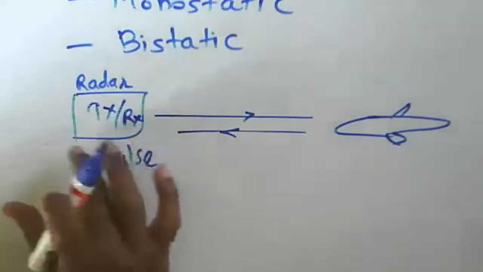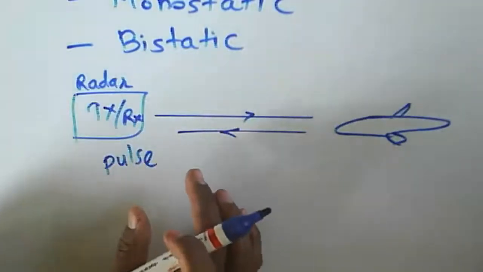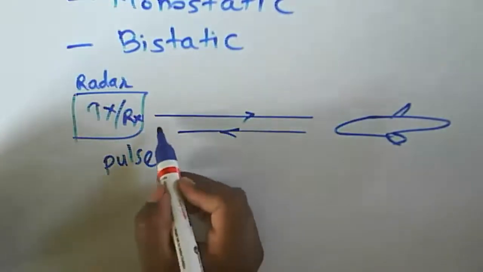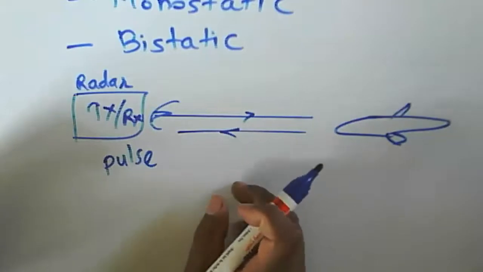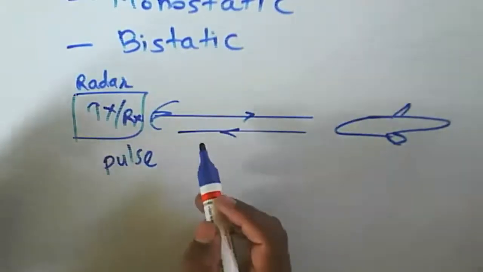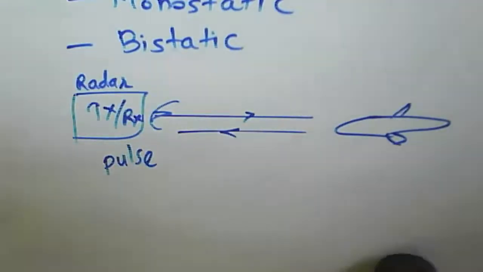So it doesn't have a separate antenna for the transmitter and receiver. It has a single antenna for transmitting the signal, and the same antenna is useful for receiving the signal. That's why we say this one is a monostatic one, which is called a monostatic antenna.